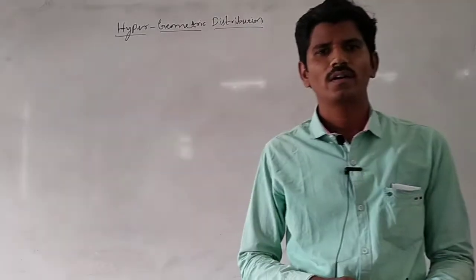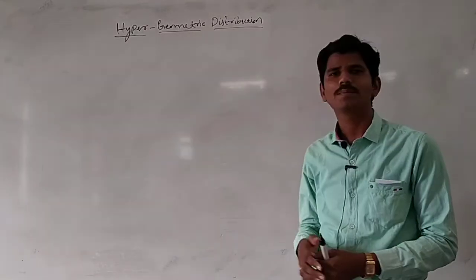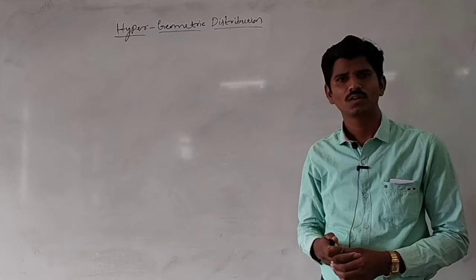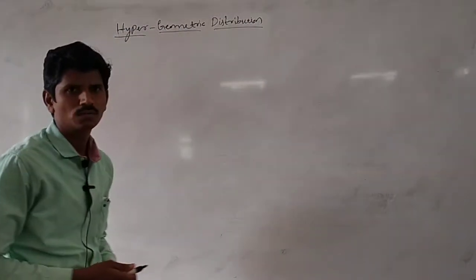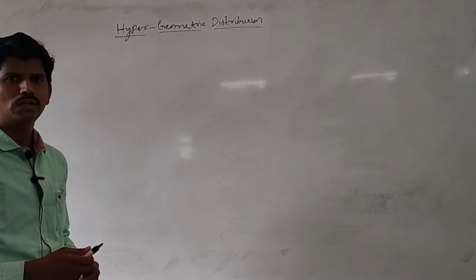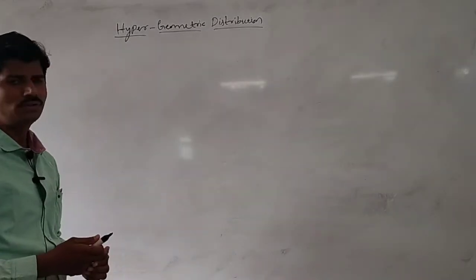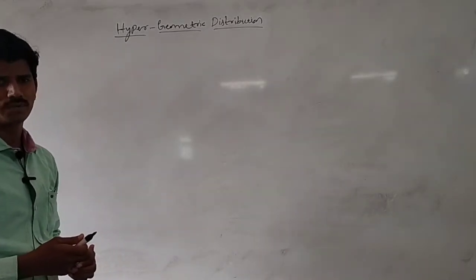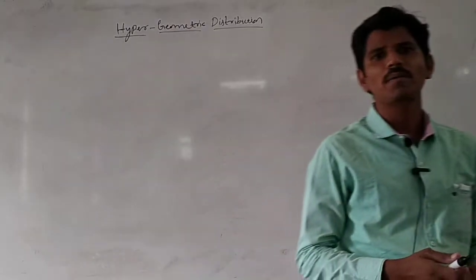Today I am going to start the fourth distribution, that is the hypergeometric distribution. We have already studied three distributions: one is the Bernoulli distribution, second is the binomial distribution, third is the Poisson distribution. This is the fourth distribution, the hypergeometric distribution.